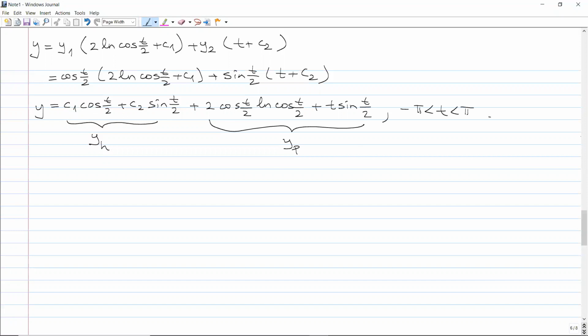So we need an interval where cosine t over 2 is greater than 0. In order to take the natural logarithm, it has to be greater than 0. So this interval is important for the solution to make sense.